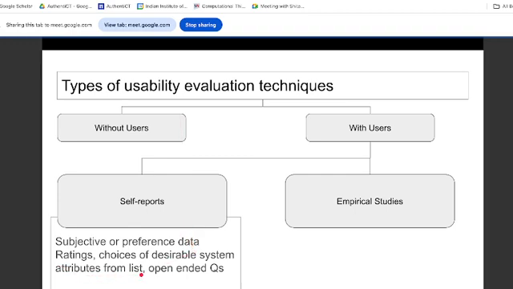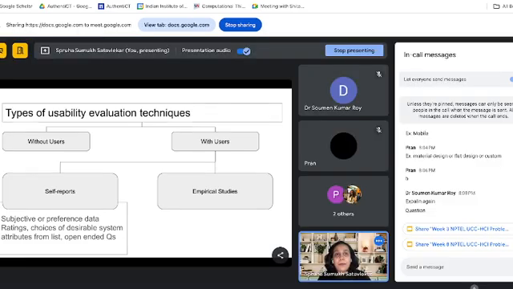Then there could be open-ended questions. You might want them to go through only one single system and analyze it through the choices of which attributes you want us to improve in the system. Such things can also be given, because each user provides their data from their own mindset, their own prior knowledge, their own biases.